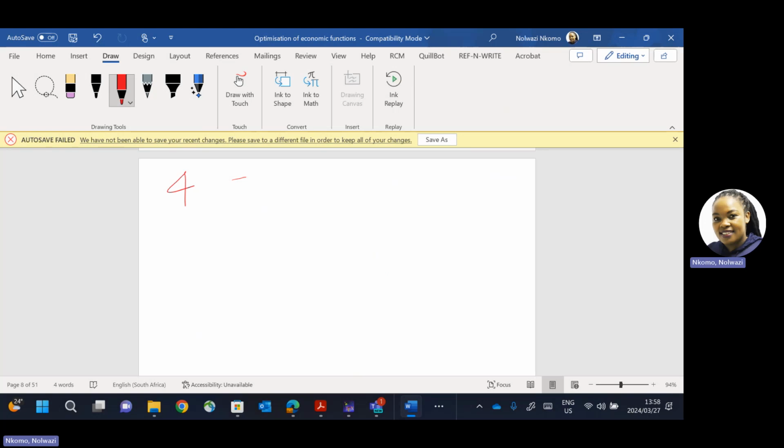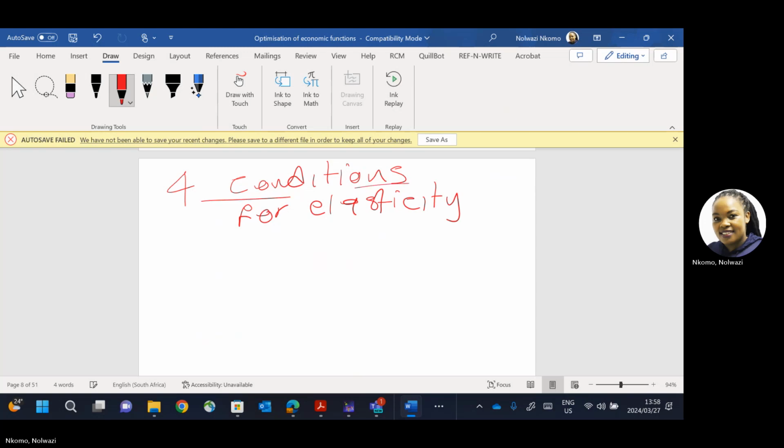Or conditions for elasticity. Okay, if the absolute value or the point elasticity is greater than 1, then you'll say for a certain price, the demand is elastic at that price, right?